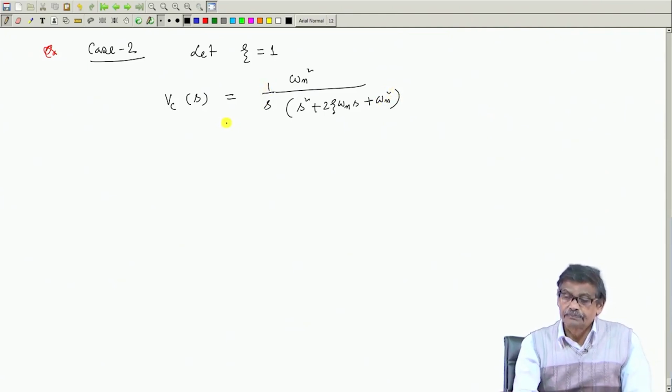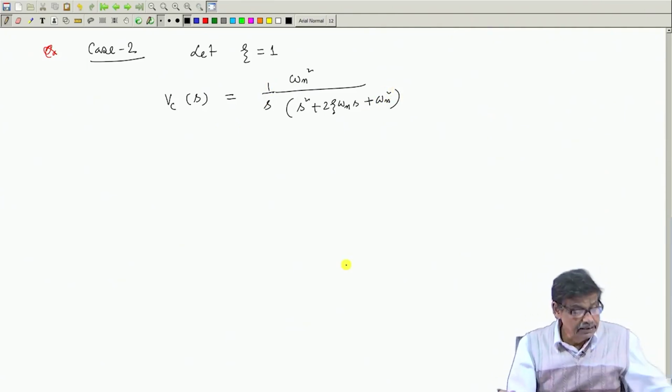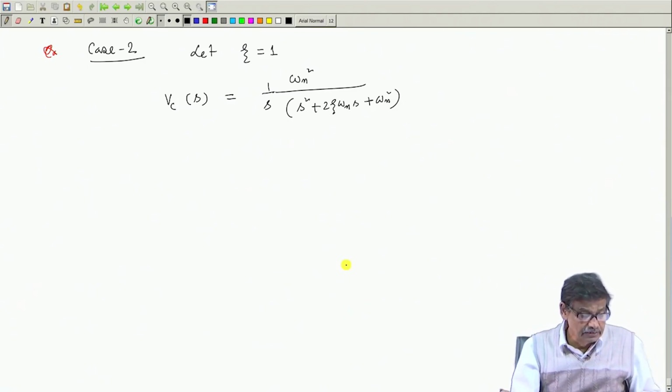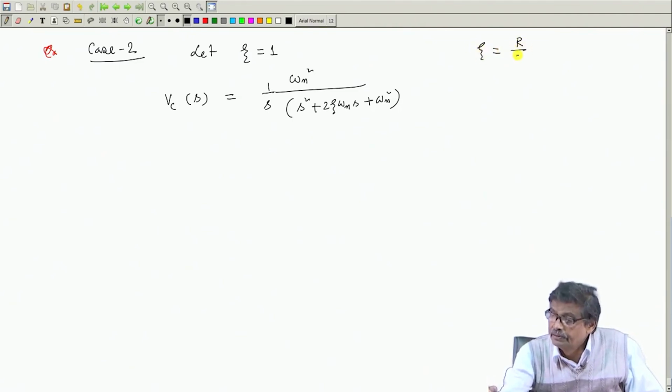Step response. So, same circuit, zeta 1. Zeta is what, once again do not forget, zeta is equal to R by 2 into root over C by L.